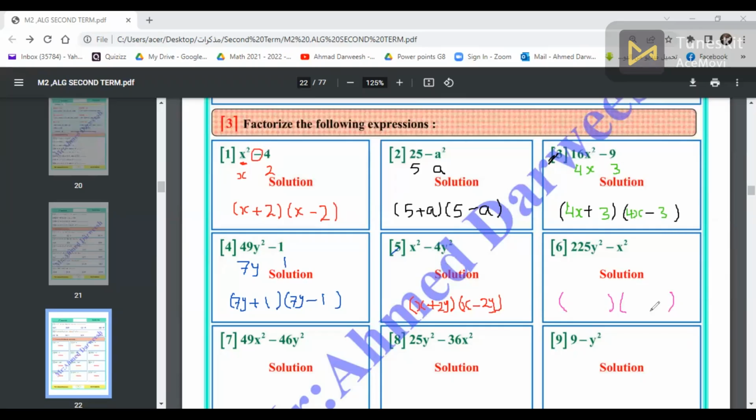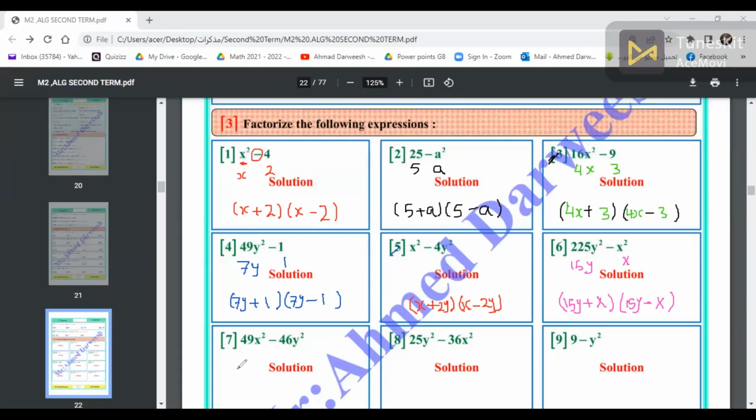Good. Well done. Now positive, negative. 225. You can use a calculator to find the square root if you don't remember it. It's 15, of course. Yes, 15y and x. So we write it here, 15y, first term, x and x. Mister, it's very simple.